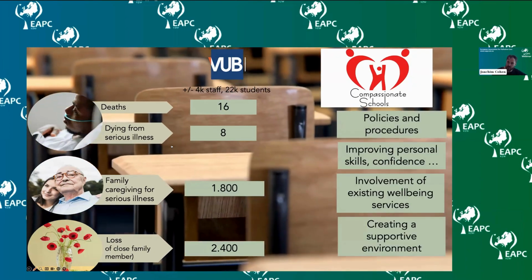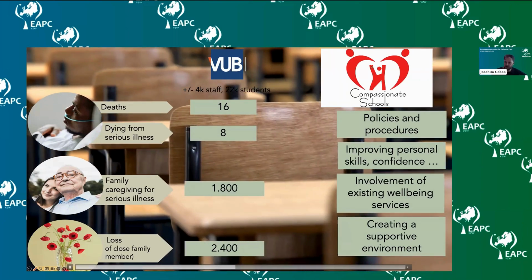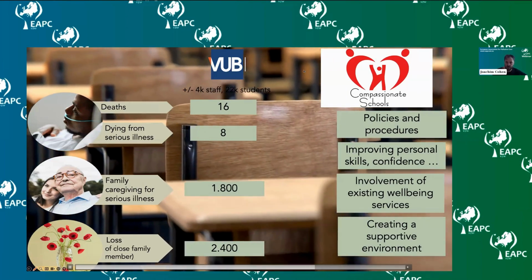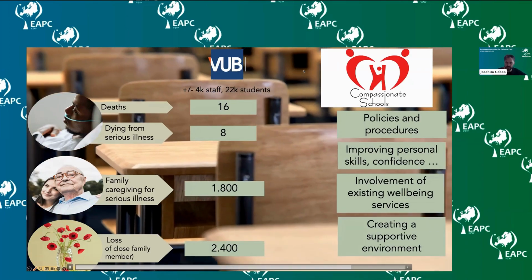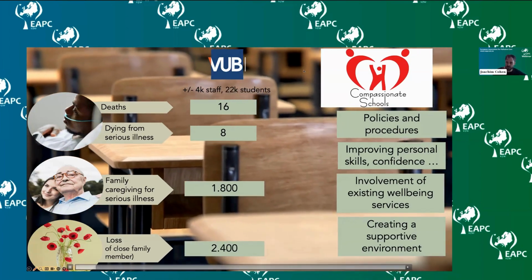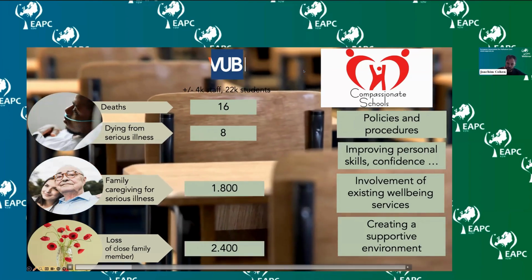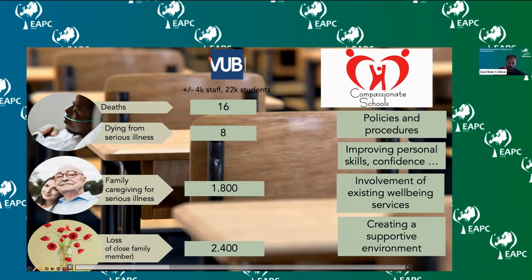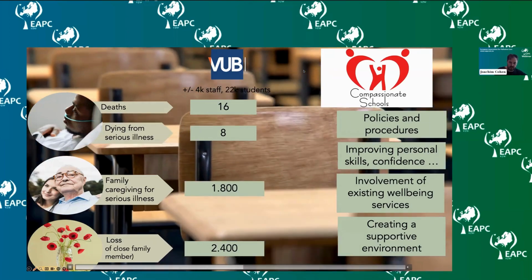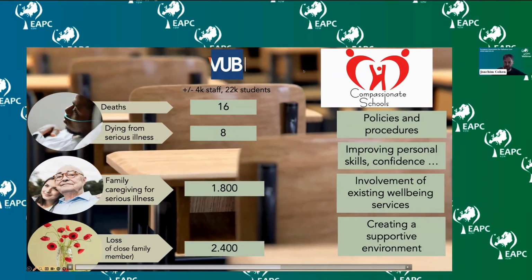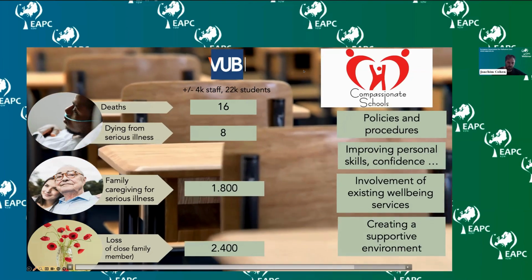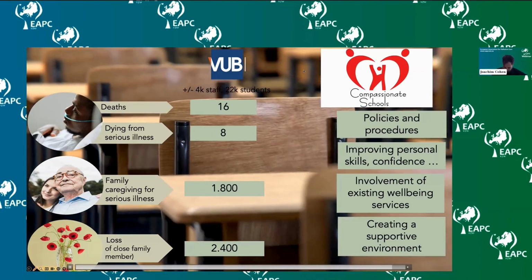So I told her about how in this project the schools had developed a number of policies and procedures to address these challenging situations, where they had composed trainings, but also educational materials, making sure that we could improve the personal skills, the confidence to deal with these situations, where they had involved the existing well-being services in the schools to also help with these situations, and where they had developed a number of activities to create a supportive environment for such situations.